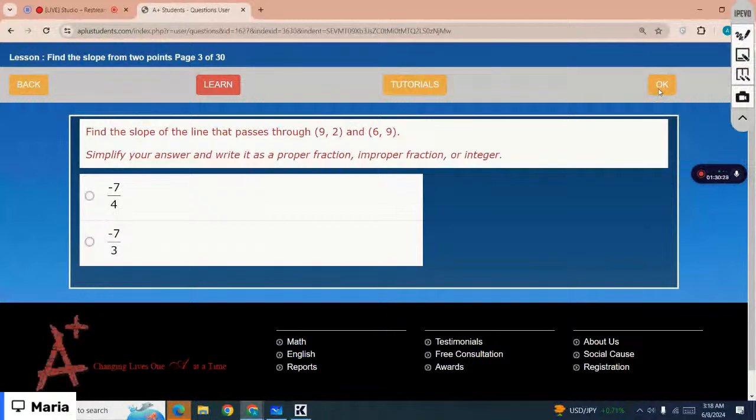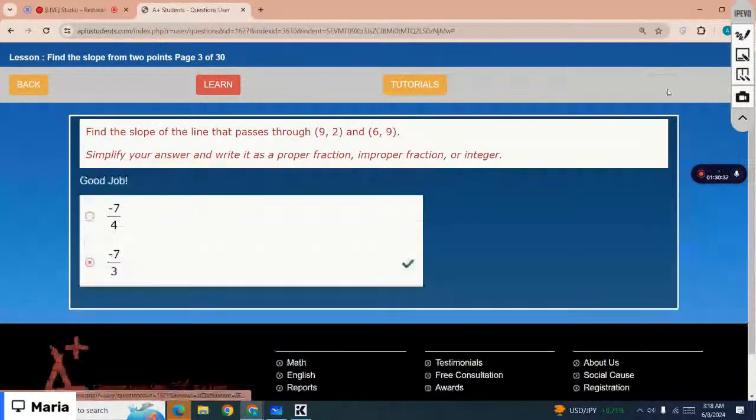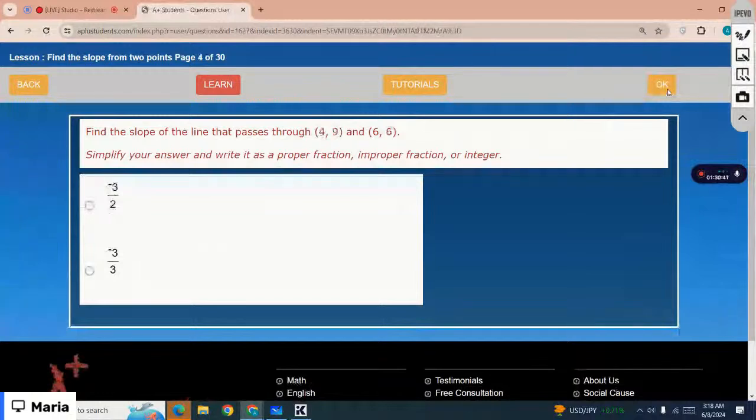That is negative 7 over 3. Option number 2 is the correct option, isn't it? Negative 7 by 3, it is not 4.